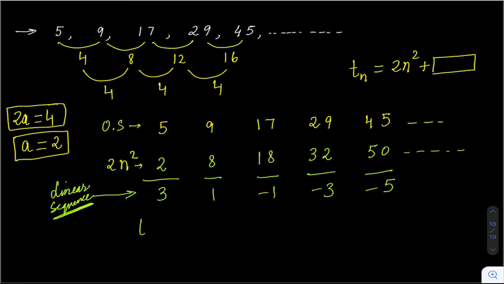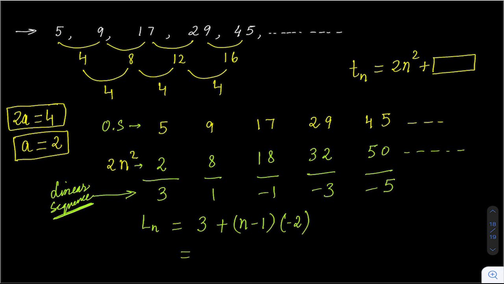The nth term of this linear sequence is nothing but a1, that is the first term, plus n minus 1 times the common difference. The difference is 1 minus 3, which is minus 2.